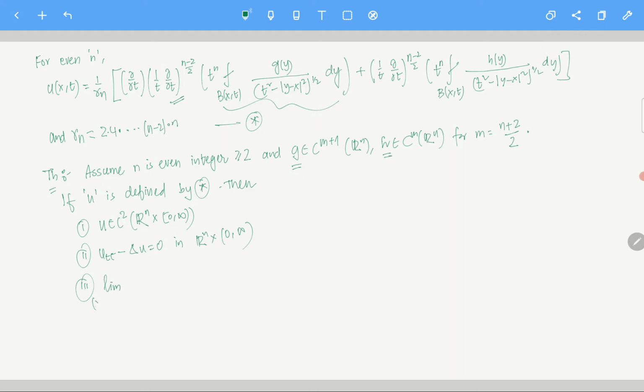I am not proving all this because this is exactly the same sort of thing we have been doing up till now. There is nothing special here. Once you have this formula, you can just calculate because you have an explicit formula. That is what is so special about the wave equation. You have explicit formulas for the homogeneous problem and the non-homogeneous problem, of course. So you can just check whether things are working out or not.